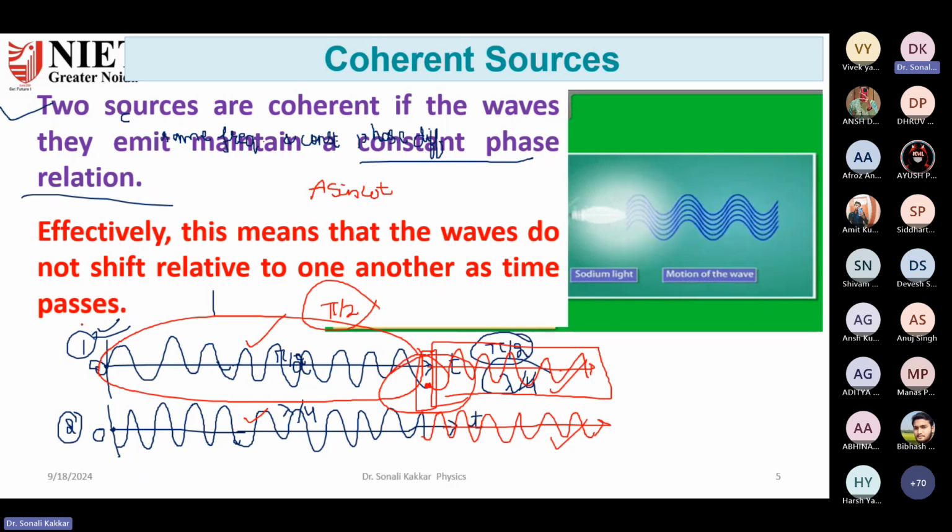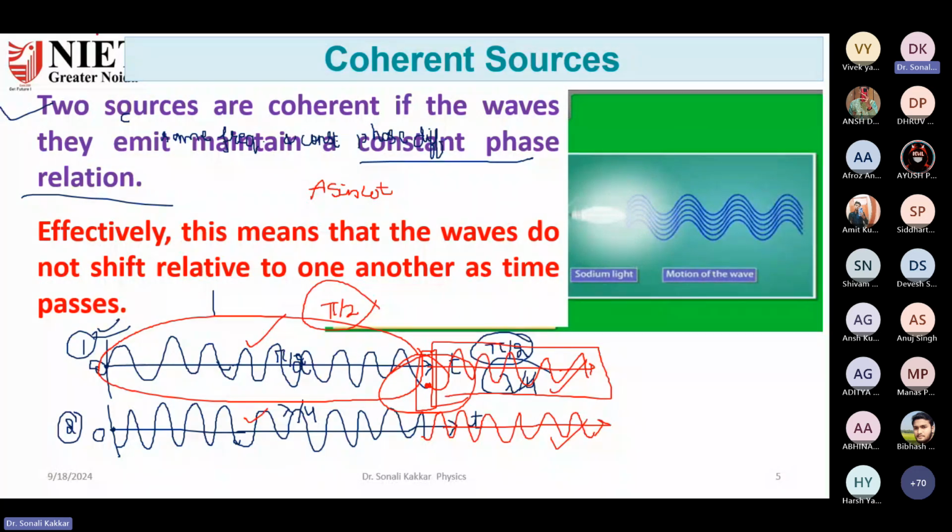Can you give me an example of coherent sources? One red colored bulb? No, it's not. It is monochromatic, but that does not mean it is coherent also. Red colored light emits monochromatic light.